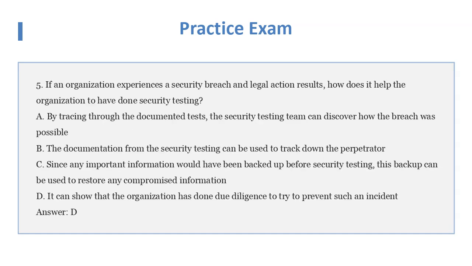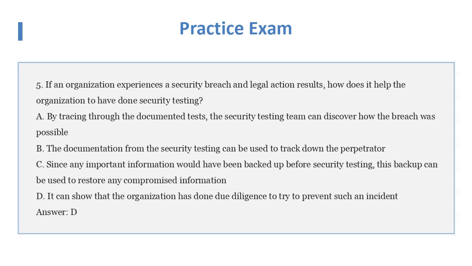5. If an organization experiences a security breach and legal action results, how does it help the organization to have done security testing? A. By tracing through the documented tests, the security testing team can discover how the breach was possible.